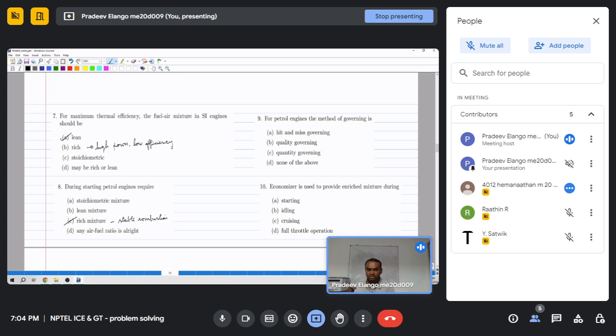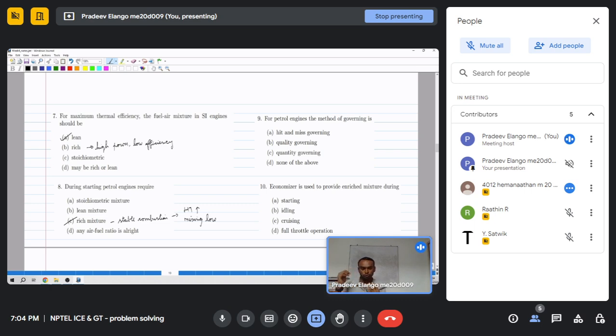So during starting and idling, stability of the combustion is of prime concern, because at low speed heat transfer is high and mixing is low.